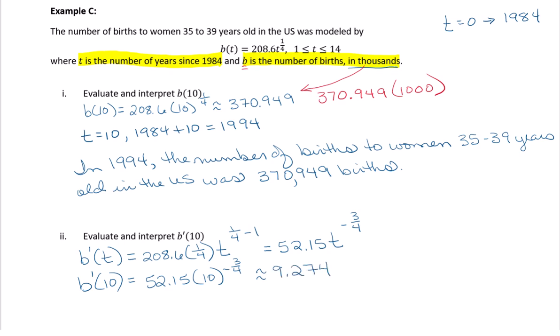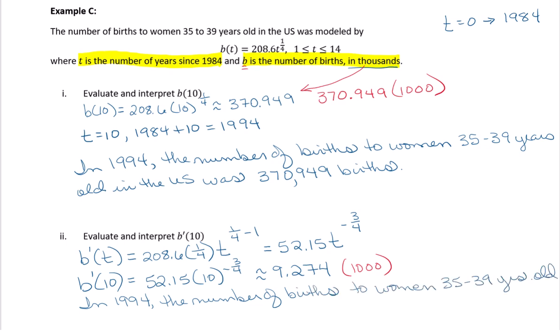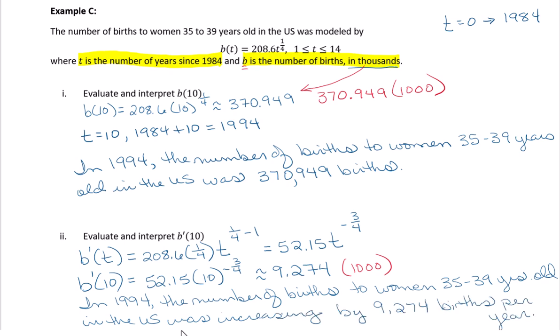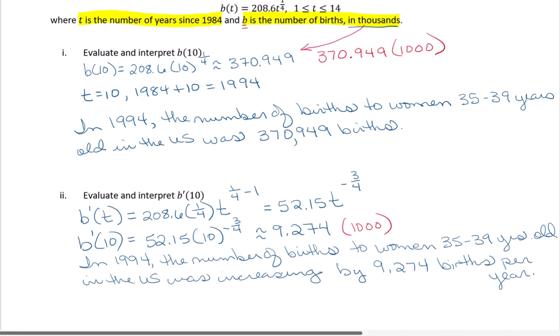That is still a b value, so we still multiply it by 1,000 for our interpretation. So we would say, in 1994, the number of births to women 35 to 39 years old in the U.S. was increasing by 9,274 births per year. That is our first derivative.